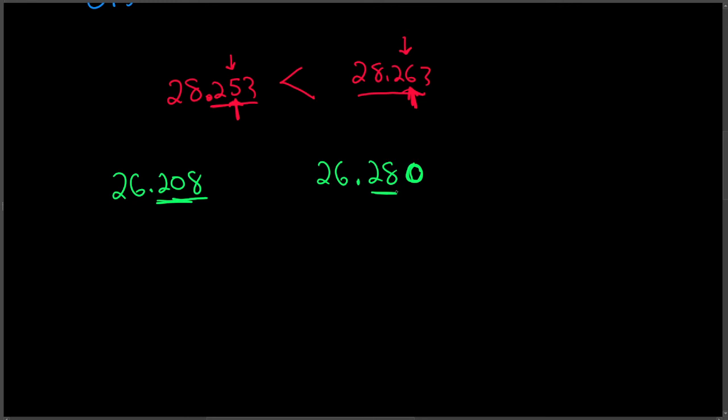Doesn't change the value of this because I'm adding 0 fractional parts, but these have the same fractional parts. So this tells me I have 280 thousandths, and this means I have 208. And so this is the bigger number. Right, but we originally had it written like this, so we'll compare them in its original form.